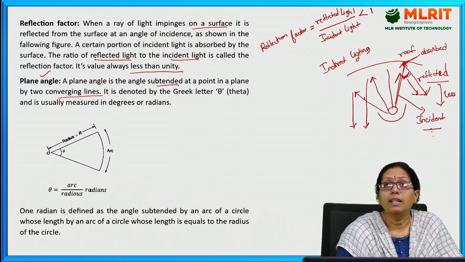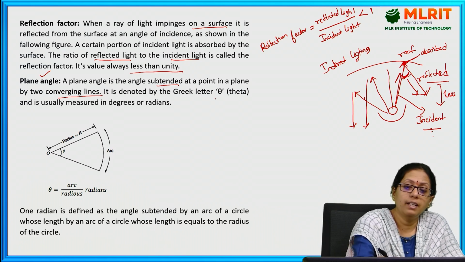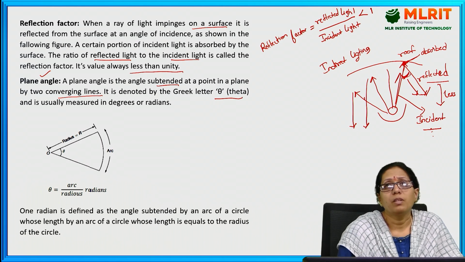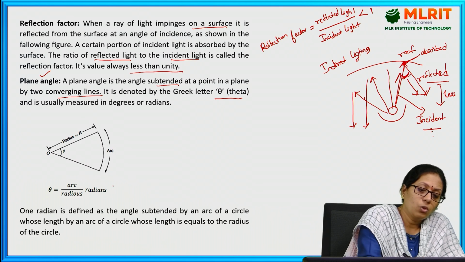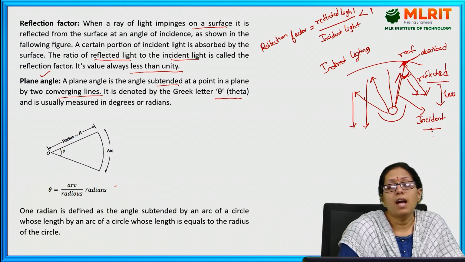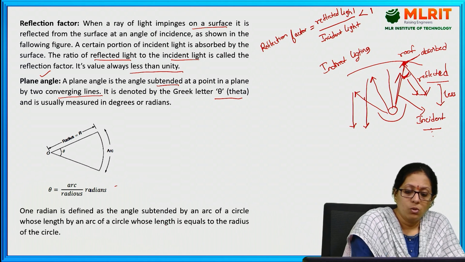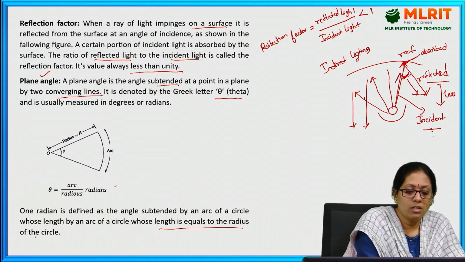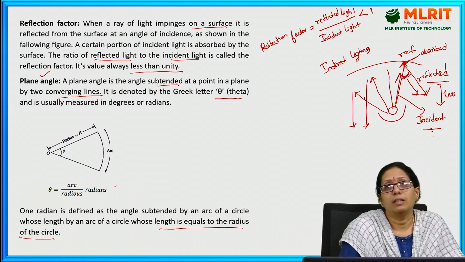It is denoted by a letter theta and is usually measured in degrees or radians. So, theta is equal to arc by radius. 1 radian is defined as the angle subtended by an arc of a circle whose length is equal to the radius of the circle.